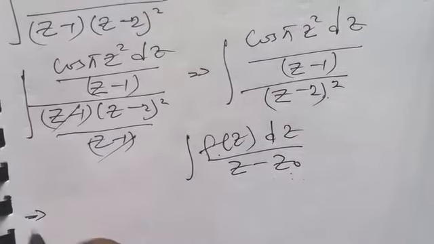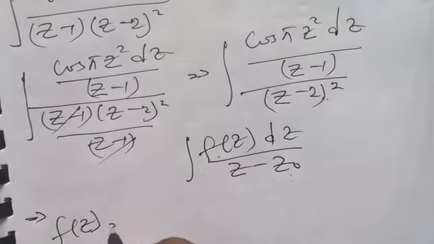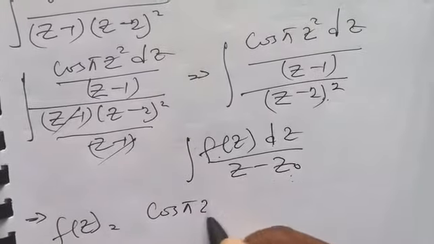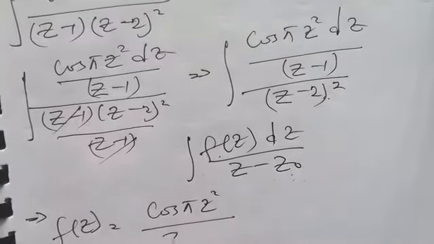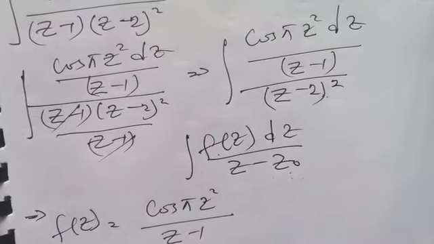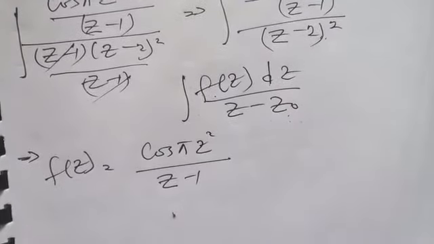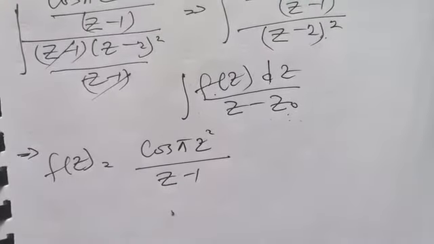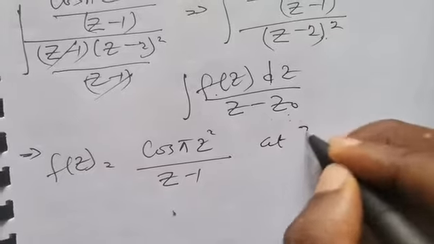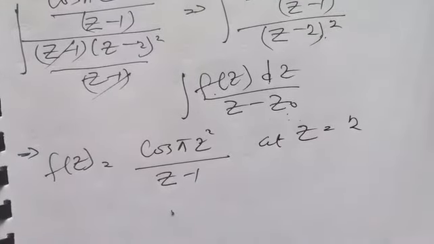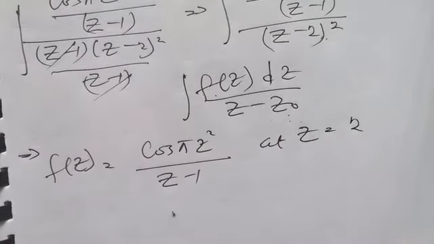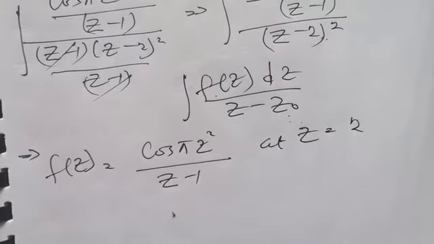This simply implies that my function f of z is equal to cos pi z squared all over z minus 1. So you find the function at the pole. Now at z equals 2, this is the second pole. Wherever you see z, put in the value as 2.